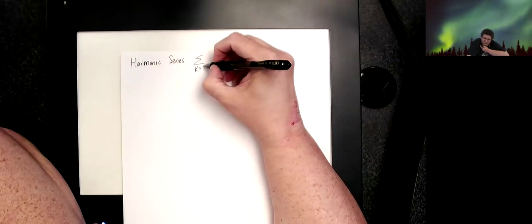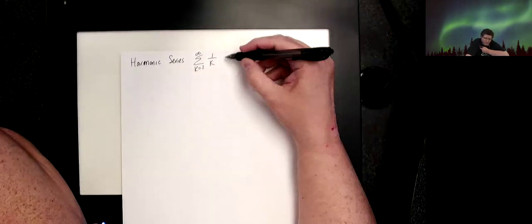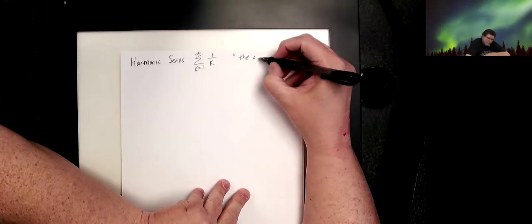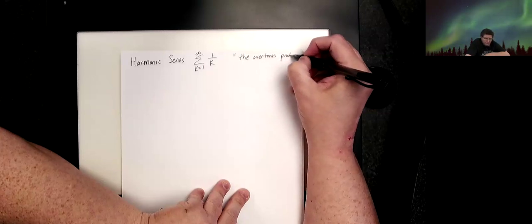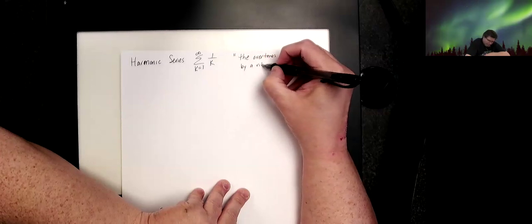The summation of k equals 1 to infinity of 1 over k. And it's the overtones produced by a vibrating musical string.